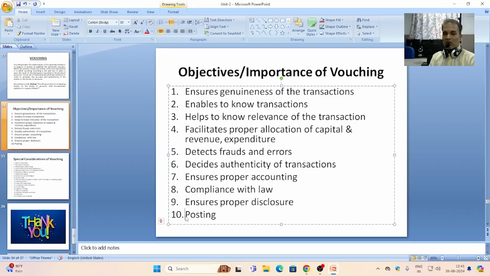As an objective or importance of vouching, we can discuss posting also, because if proper accounting is there, then posting will also be affected in the positive and negative sense. If transactions posted on the basis of a voucher are right, then it may be expected that the posting will be right.